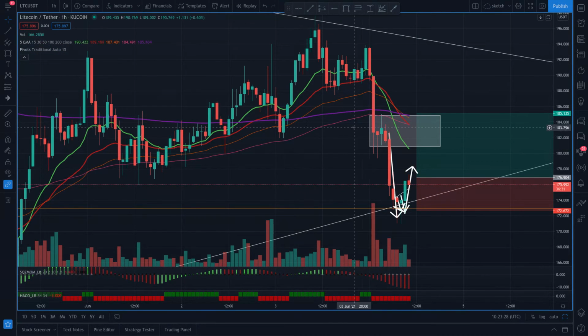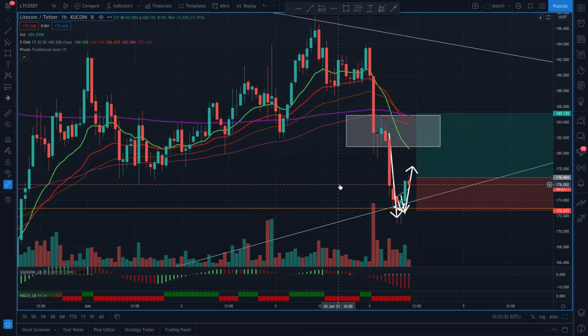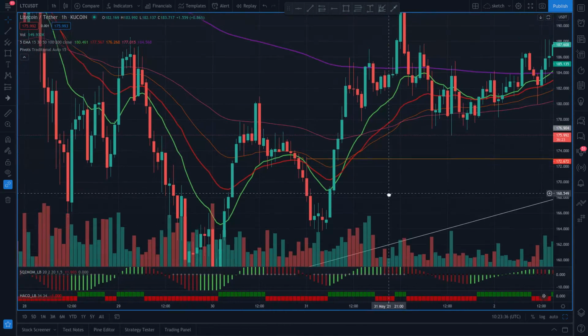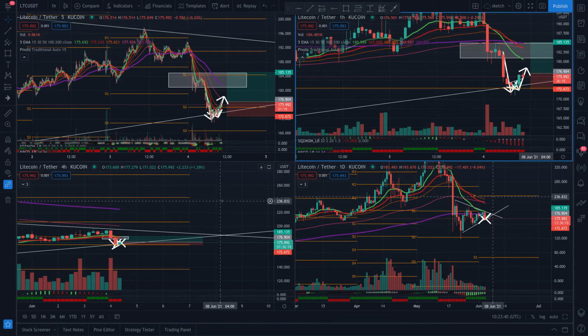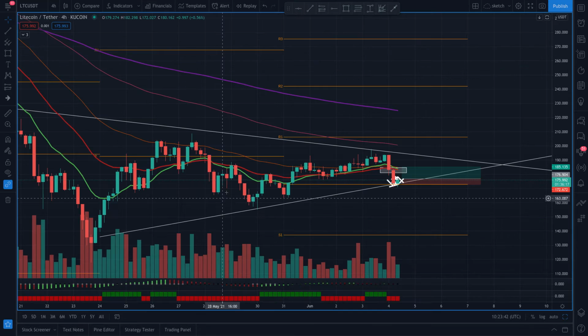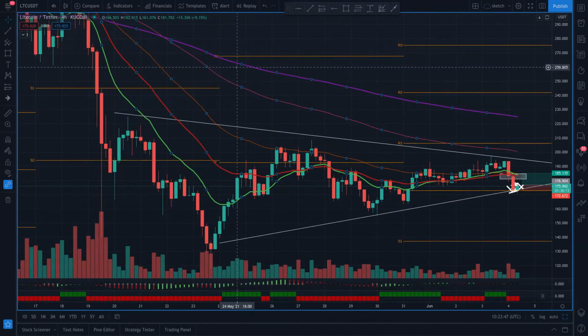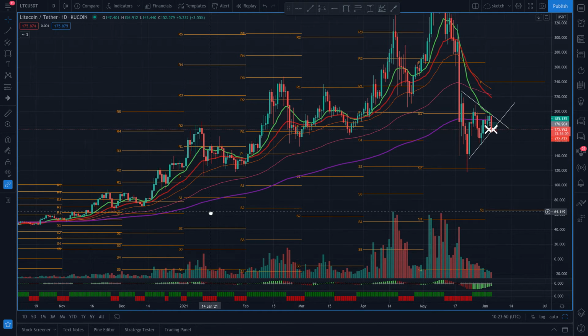Over here, as you can see, it's actually a very strong consolidation point. Yeah, it seems like this is a very straightforward chart. Nothing much to take note of.